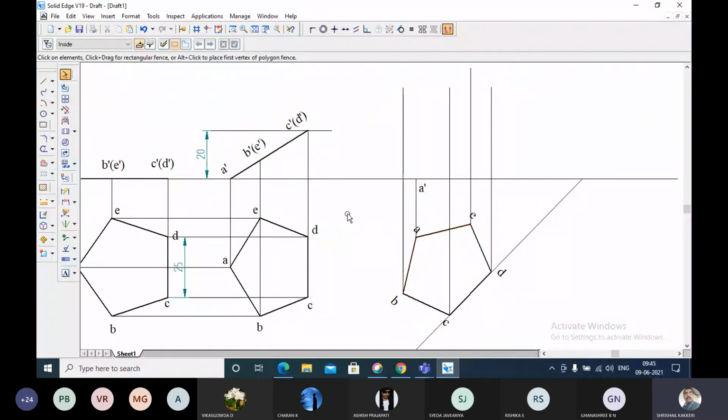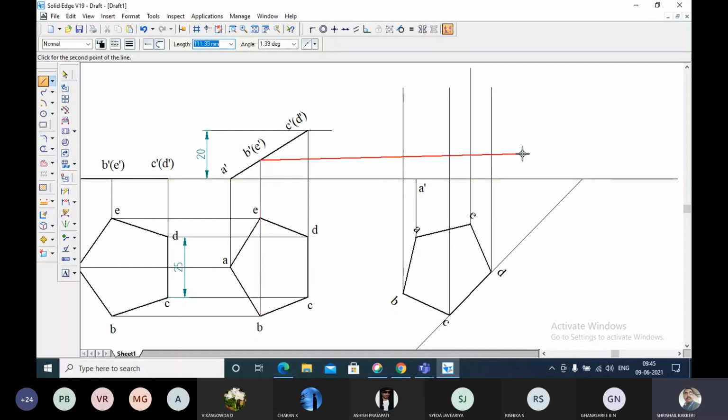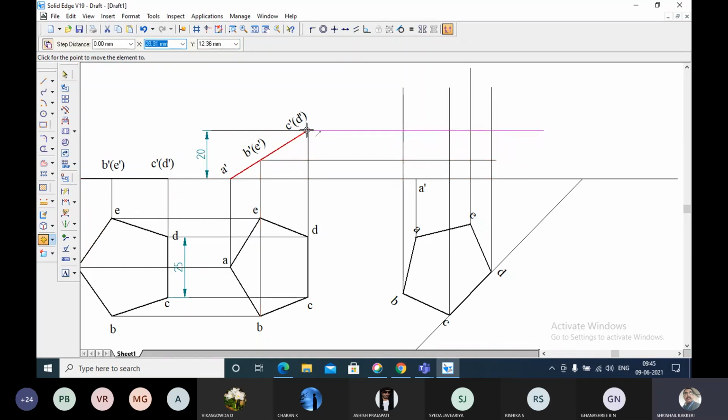Now let me come to B. From B I'm going to draw the line, some distance I have drawn, and similarly from the other end also you would draw the line.